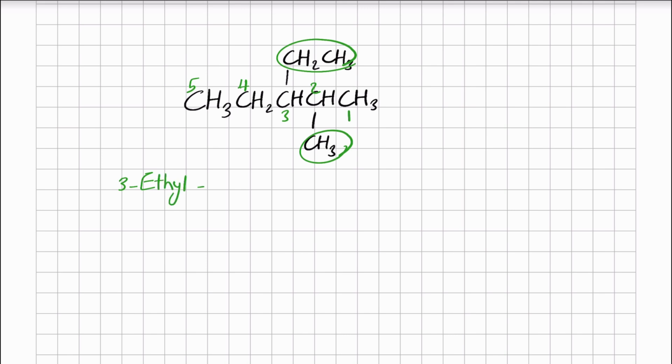Then we can say 2 methyl. Now we are done with the substituents. It's time to say the name of the main chain, which is pentane. Okay, let's go to the next one.